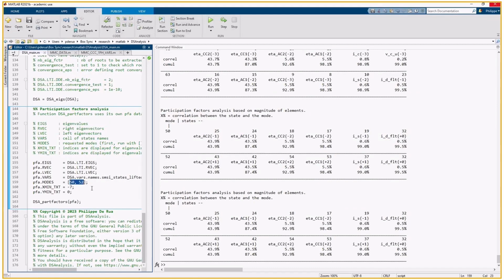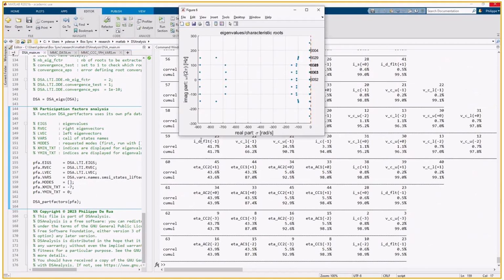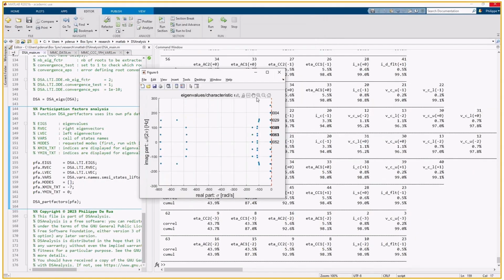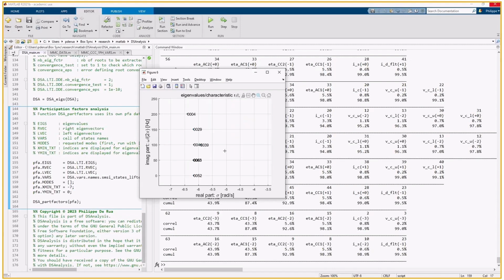Naturally, I have to make this empty for it to work. Okay, so here is the result that is visually easier to check. Now I have only displayed the numbers for the modes with a positive imaginary part and a real part larger than -7.